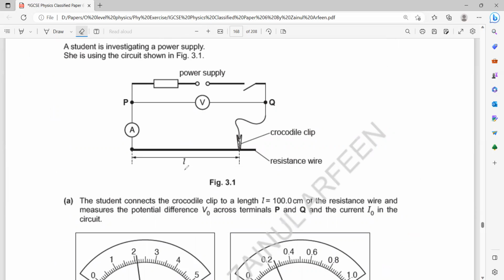And we are changing the length here. We took, for example, 30 centimeter, 40 centimeter, 50 centimeter, 70 centimeter, and 100 centimeter. The question is, if the ammeter had, for example, a 4 ohm resistance.